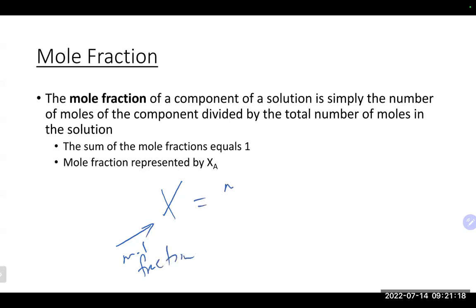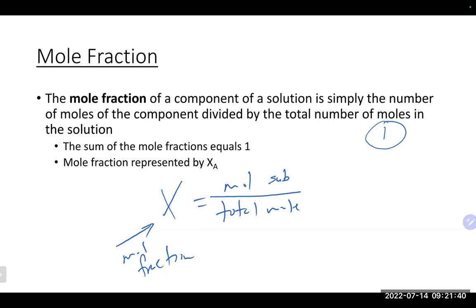Basically, you take the moles of the substance you're interested in, divided by the total moles there are. And again, here we don't multiply by 100. So the mole fractions should all add up to 1, basically, since we're not multiplying by 100 in this particular case.